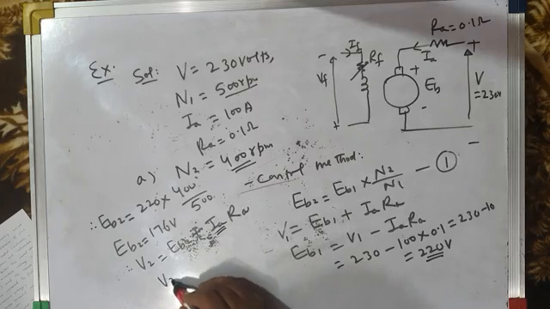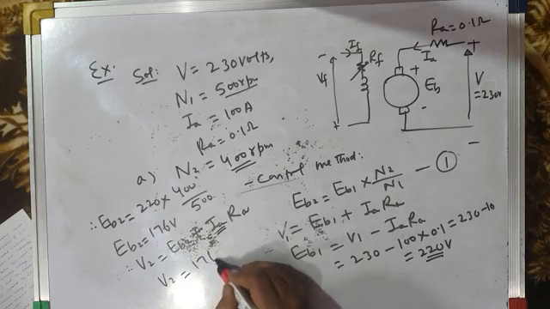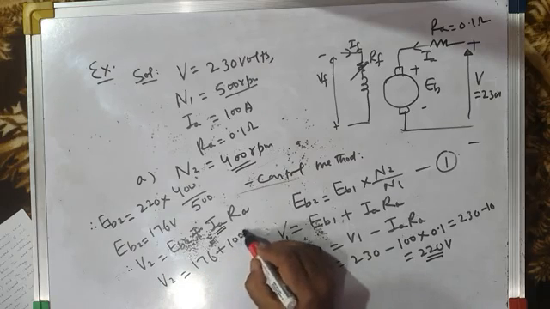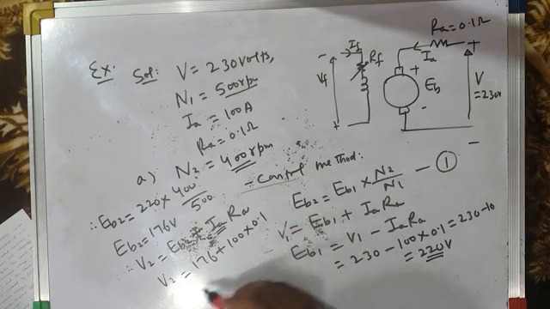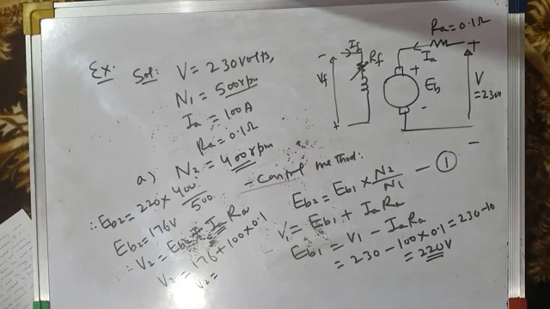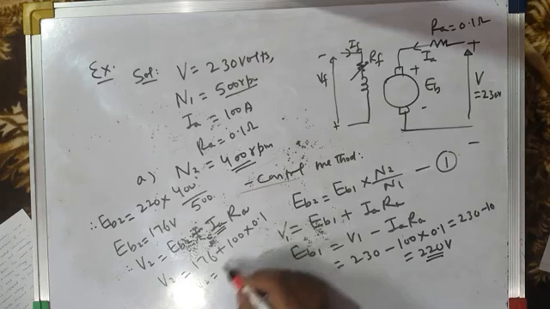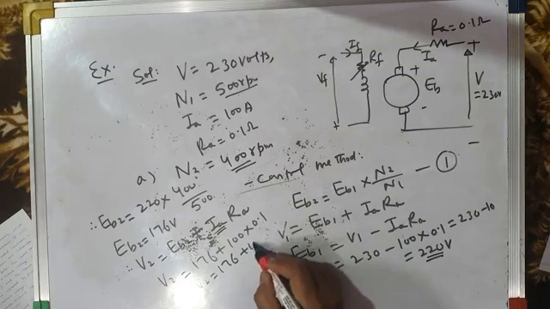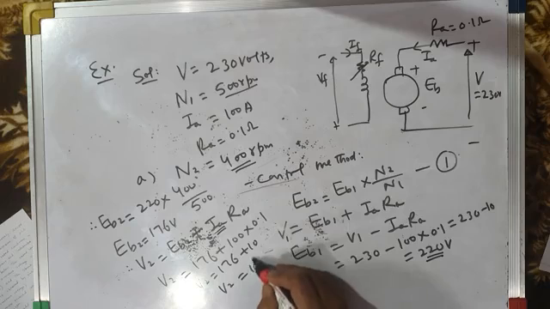So therefore V2 is equal to EB2, which is 176, plus Ia, 100, into Ra, 0.1. That is 176 plus 10. So V2 is equal to 186 volts.